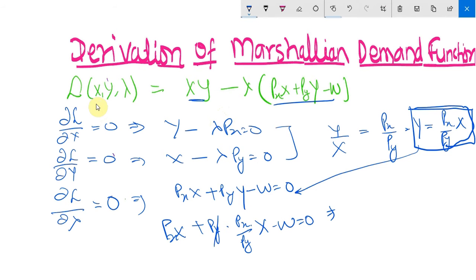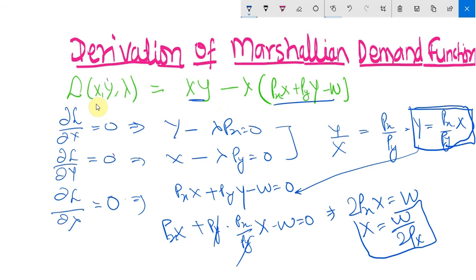This is nothing but 2pxx equals w, or x equals w over 2px. This shows the quantity of x as a function of the income level and as a function of the price of x. So this is the ordinary demand function for the x commodity.